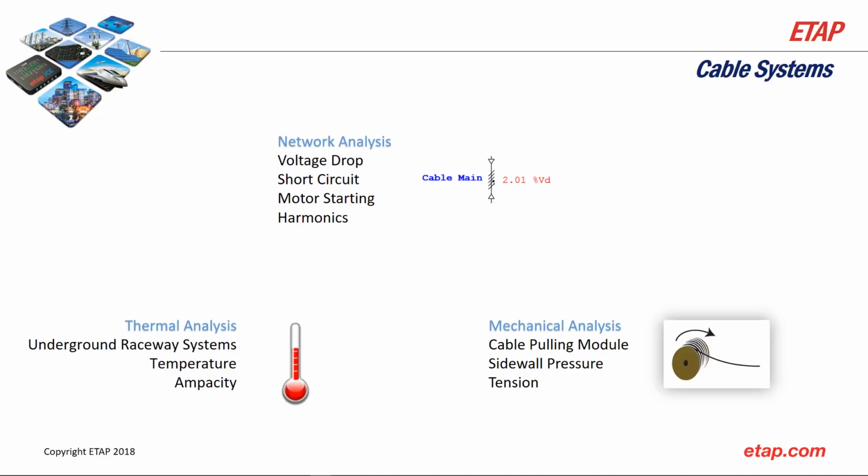There are also, if you look on the bottom left, thermal analysis, which essentially is a cable temperature ampacity calculation for underground raceway systems or direct buried. That would be covered under thermal analysis, which would be a different presentation.